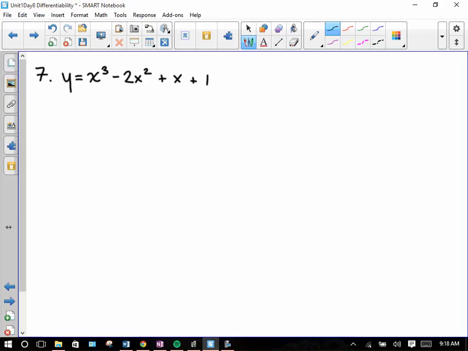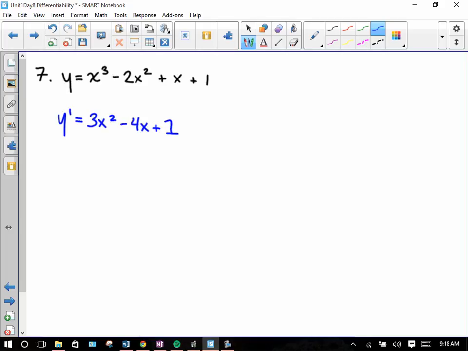Because you need to figure out where the slope of this function is equal to 0, and that in turn means where the derivative is equal to 0. So to find the first derivative, we have y prime is equal to 3x squared minus 4x plus 1.